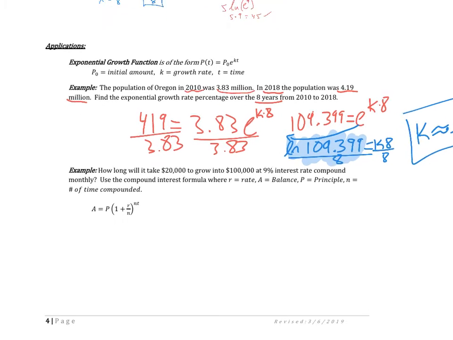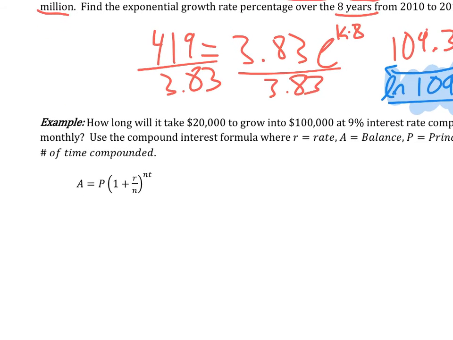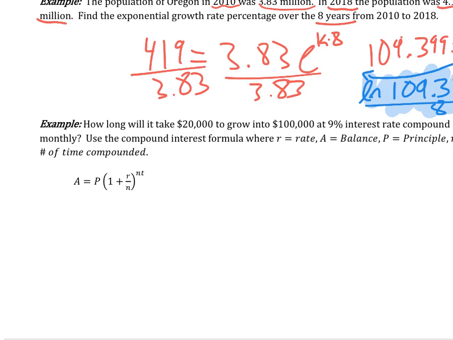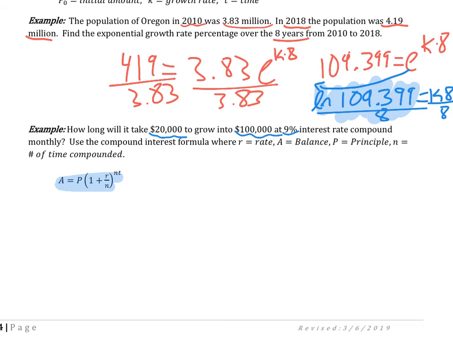The last one here where we can use logarithms is, in this case, what if we have our compound interest formula and we want to take $20,000 and make it grow into $100,000 at a 9% interest rate? The question is, how long? What will that t value be? Let's plug in the numbers.